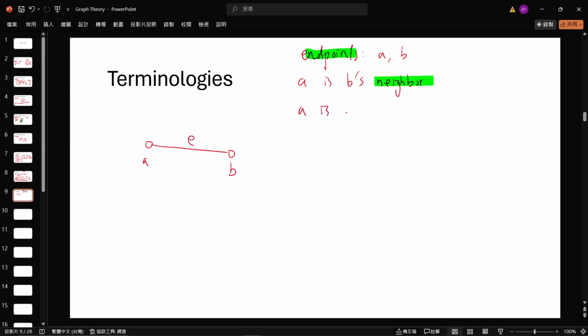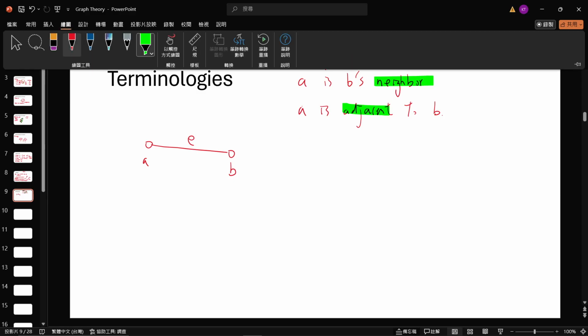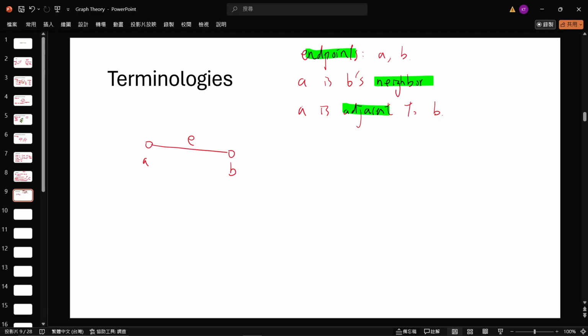And A is adjacent to B, or we may say A and B are adjacent.